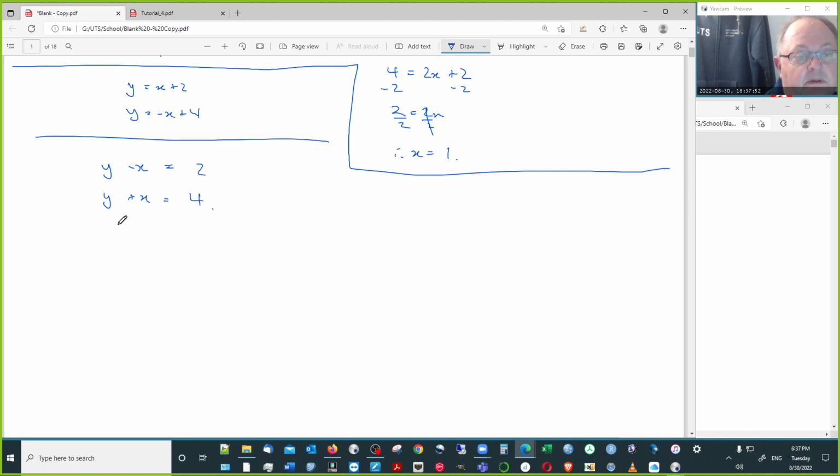Okay, so what we've got there is now we're going to augment this. So we've got 1, minus 1, 2, 1, 1, 4. So we're taking the coefficients, and that's our matrix form. And this is our, we're going to augment that.